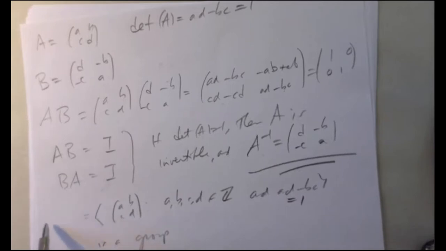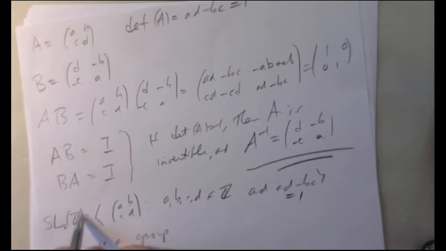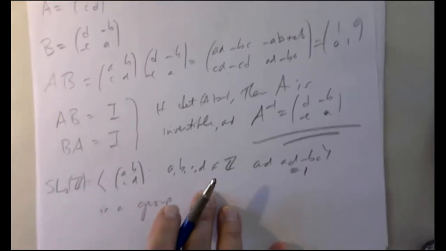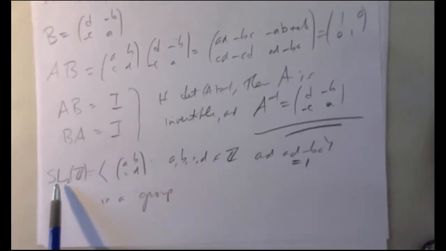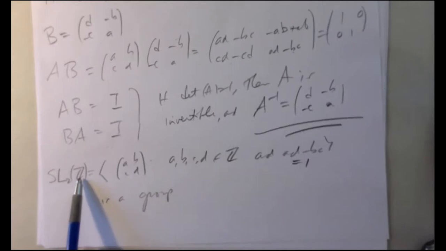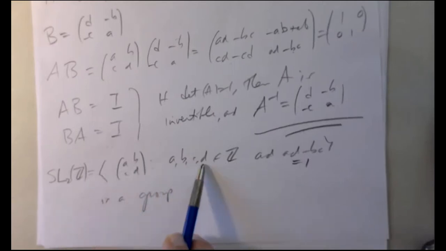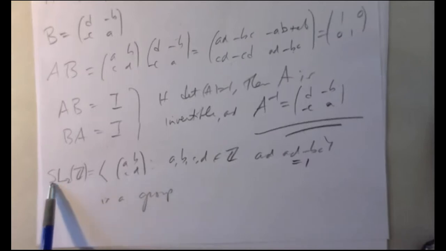And it's called, for whatever reason, SL subscript 2 of Z. So the L means linear, that's just another word for matrix. The 2 means the 2 by 2 matrices. The Z means the coordinates are in Z, they're the integers. And the S means this is special.